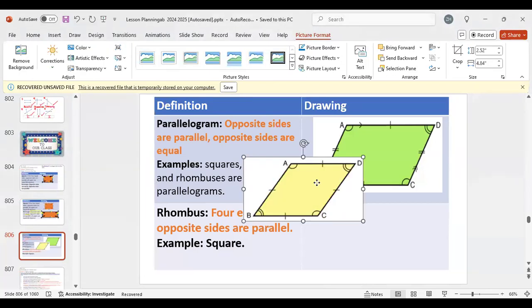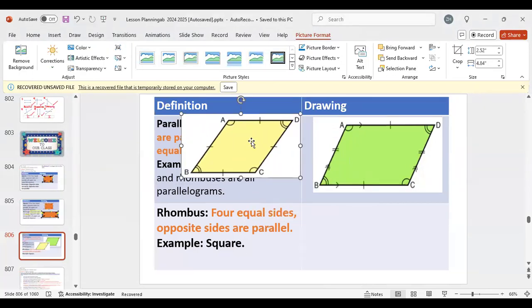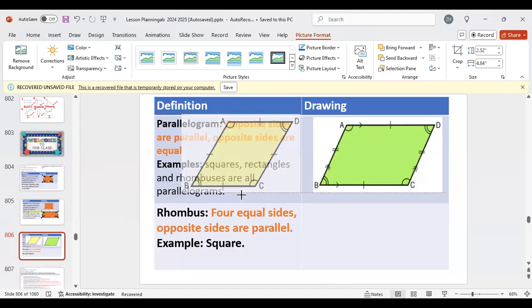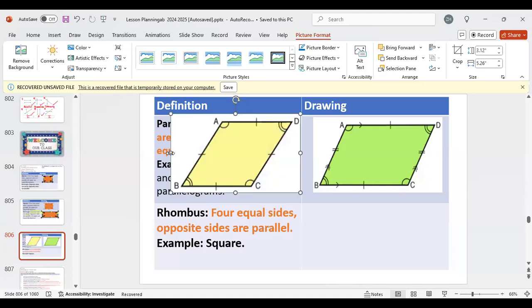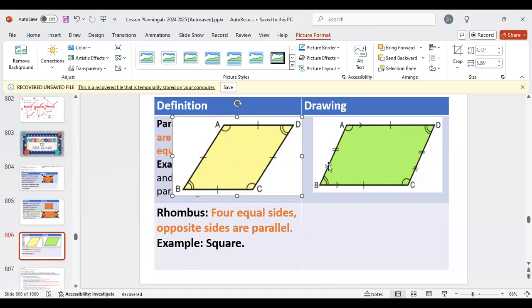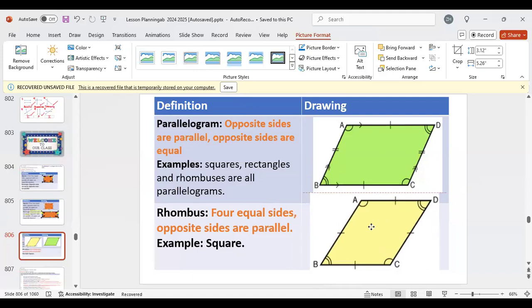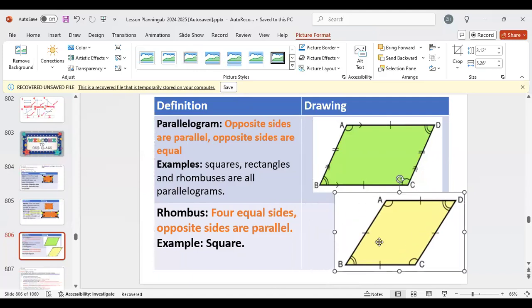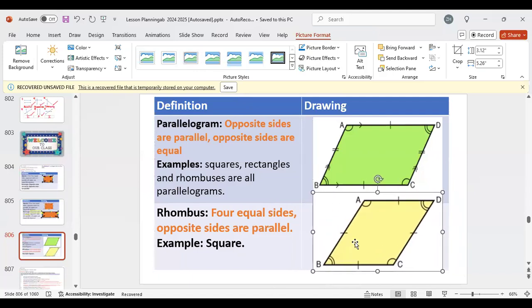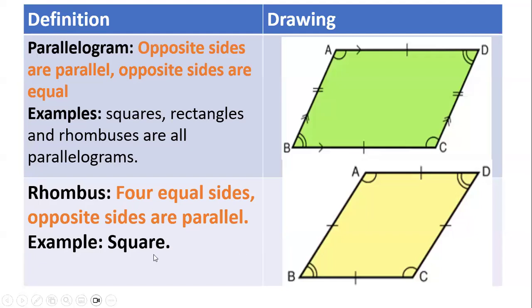So let me show you. I don't know if y'all could see the difference between them, but which one is the rhombus and which one is the parallelogram? The parallelogram is yellow. I think both are parallelograms. The parallelogram looks a little more rectangular.